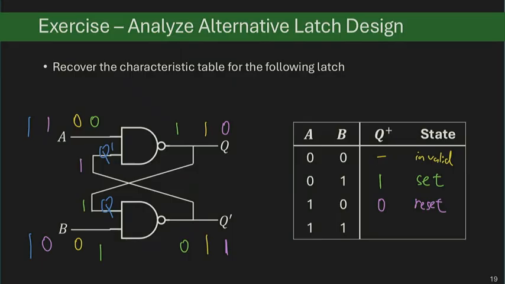Q prime going through the NAND gate with a 1 input gives you Q prime complemented, that is a Q. I'm really saying that 1 and Q prime, complemented, equals Q. I'm doing this kind of a symbolic or algebraic evaluation of the gate.